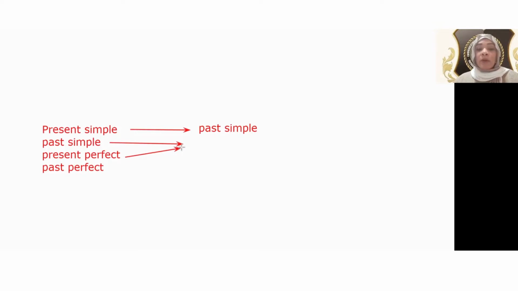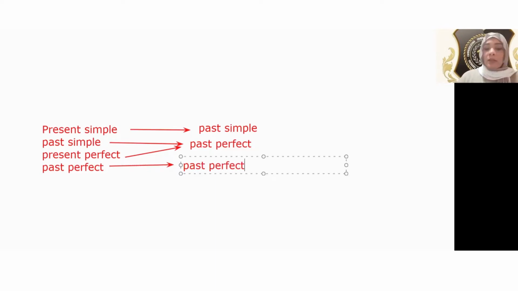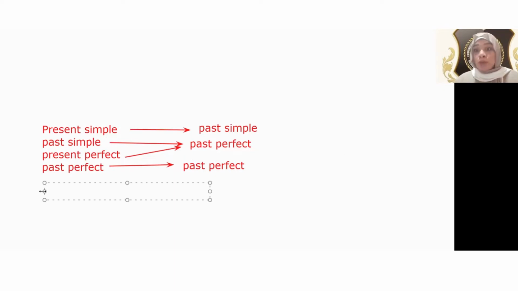And the past simple and the present perfect both will go to the past perfect. Okay, how about the past perfect? It will not change. The past perfect will be as it is, past perfect also. What else? We said that will be would, can will be could, may will be might, but some modal verbs will not change.